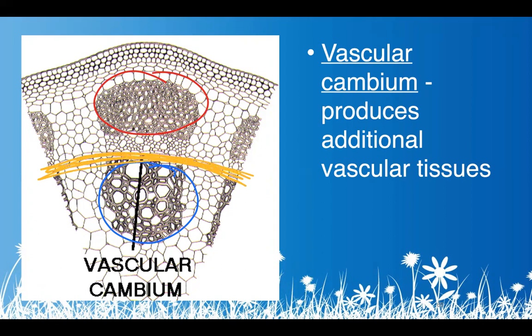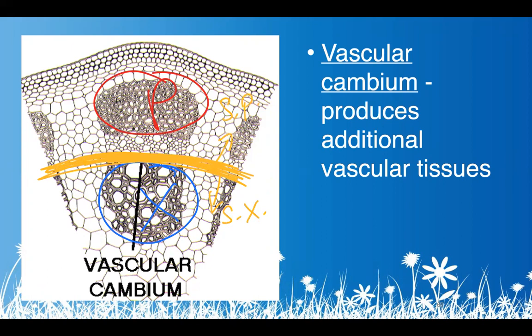So basically how this works, inside is xylem, outside is phloem, and then here is where you're going to produce more. What the vascular cambium does is it produces more xylem, called secondary xylem, towards the inside of the plant, and then it produces secondary phloem towards the outside.